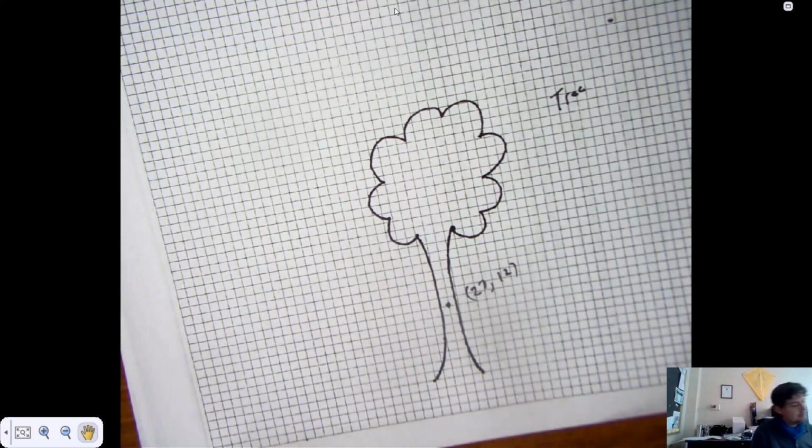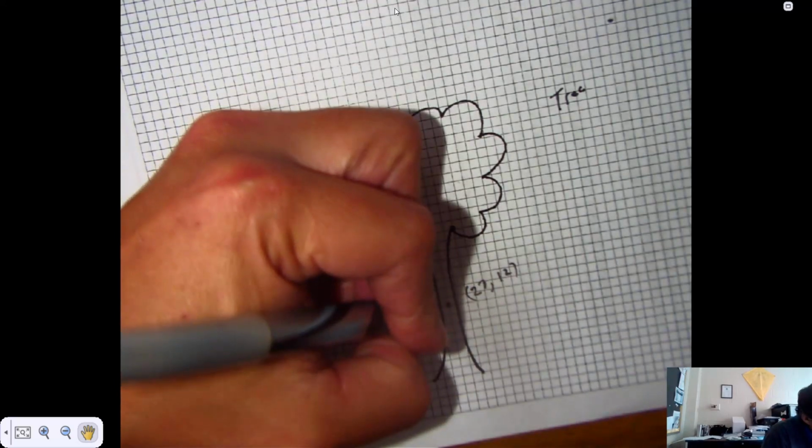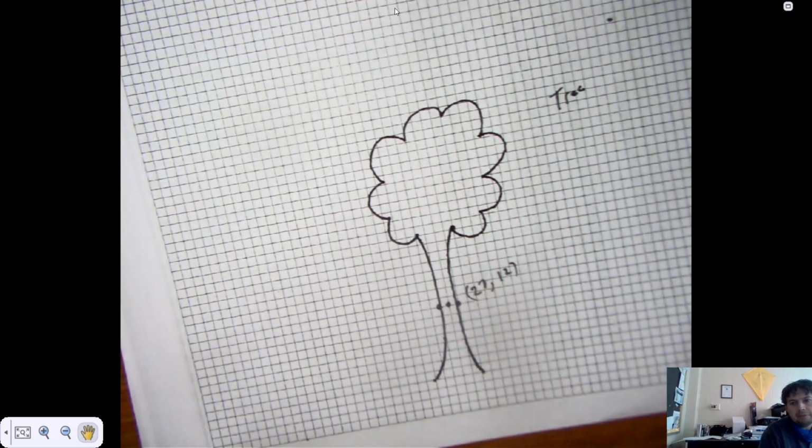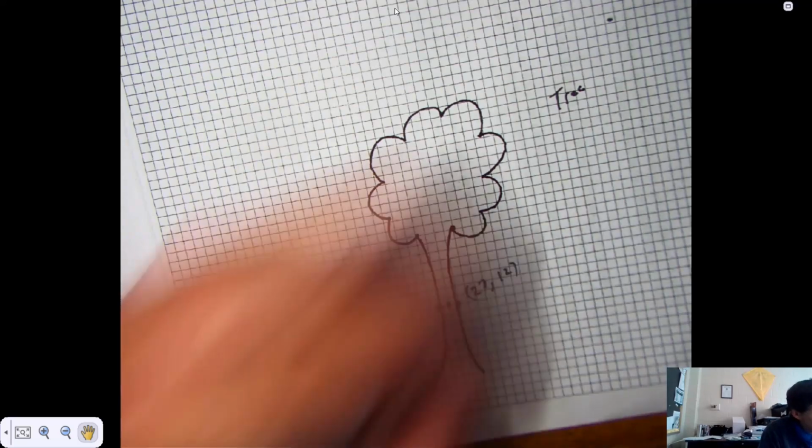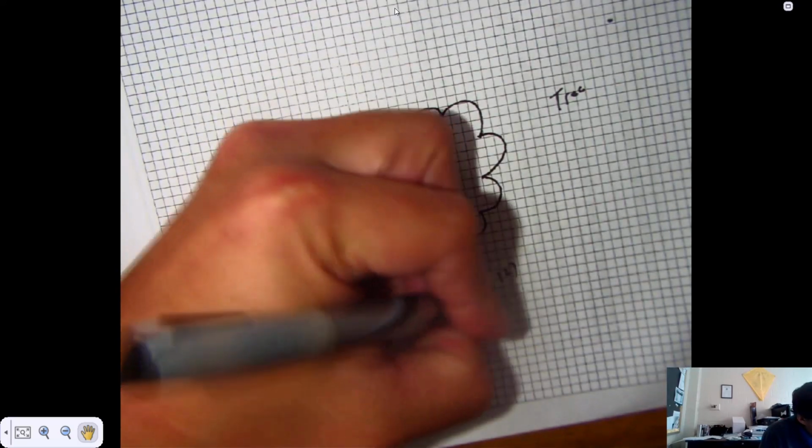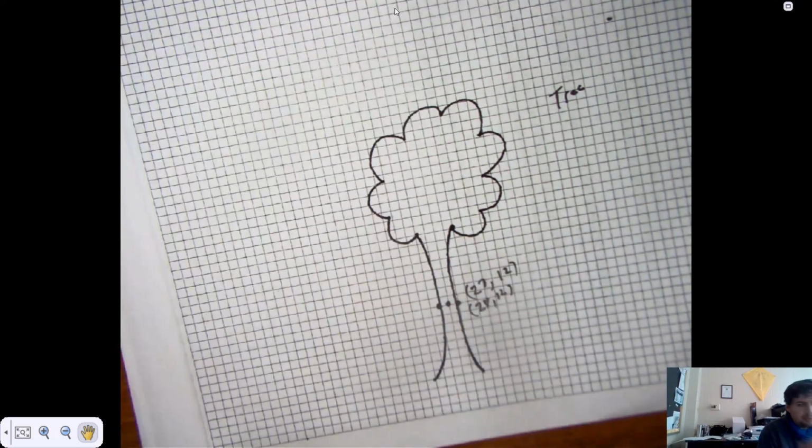There's the center. Now that means that those 2 points are at 28, 12 and 26, 12. I only need one of them though, so that's all I care about.